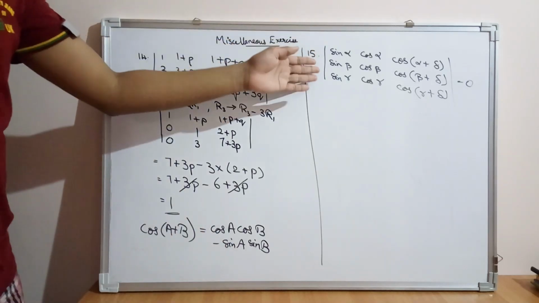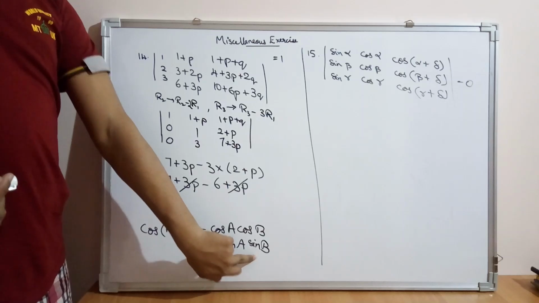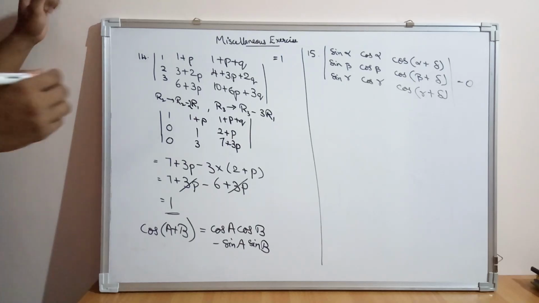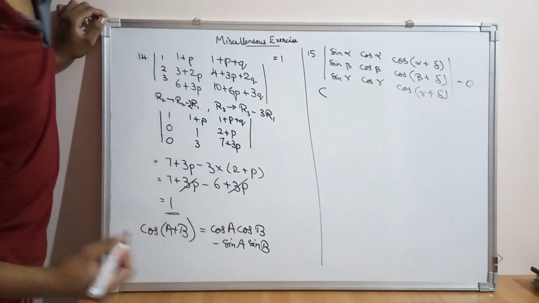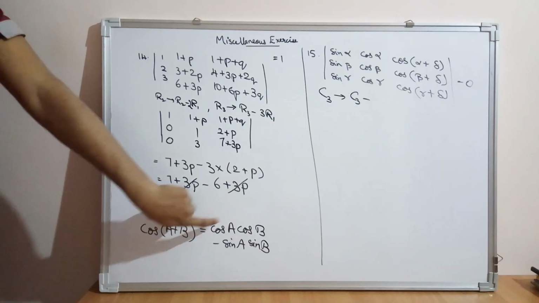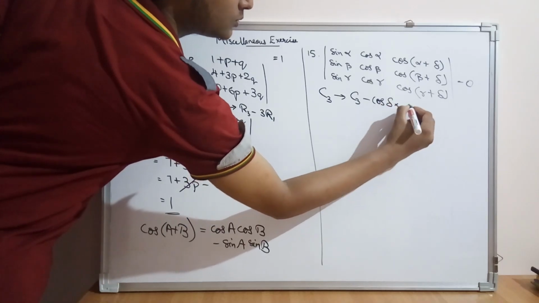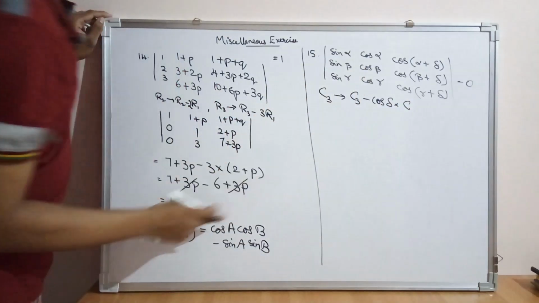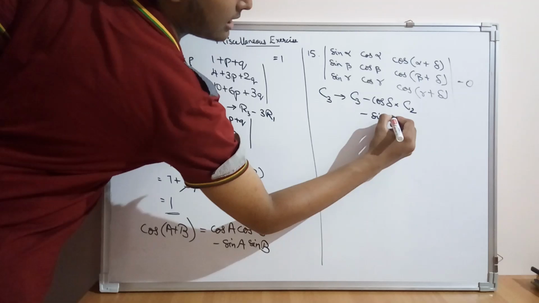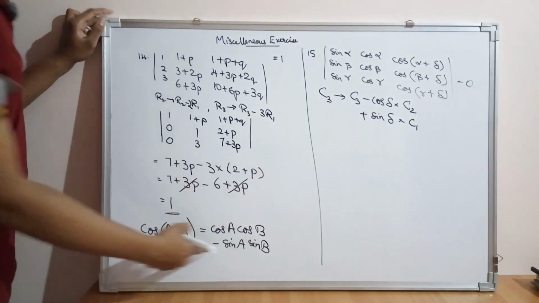So sin alpha we have here, and cos alpha we have in the second column. So we are considering sin delta and cos delta because they are constants. So I'm going to multiply something. We can do that with the third column, right? The third column becomes C3 minus cos delta into C2, which corresponds to the cos A, and plus sin delta into C1, not minus, plus, because you're getting a minus sign here.